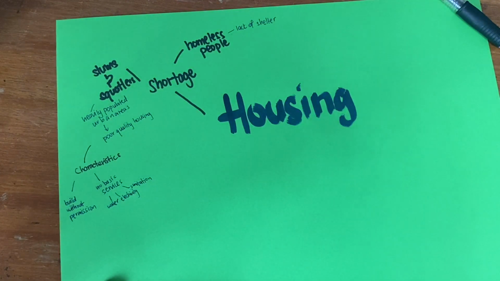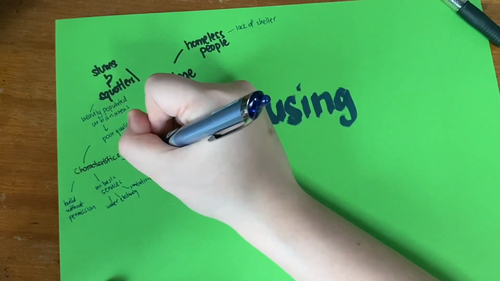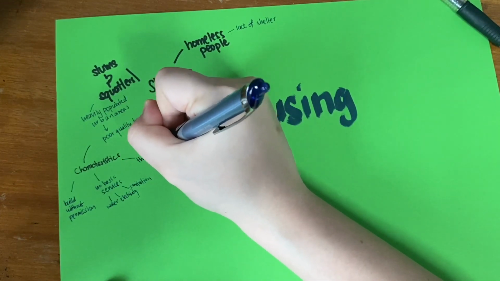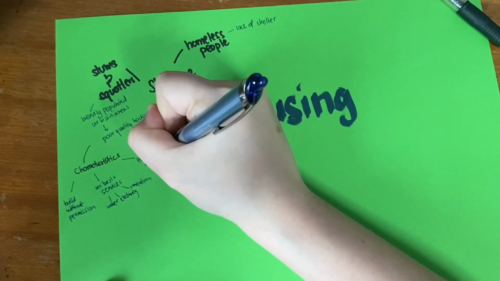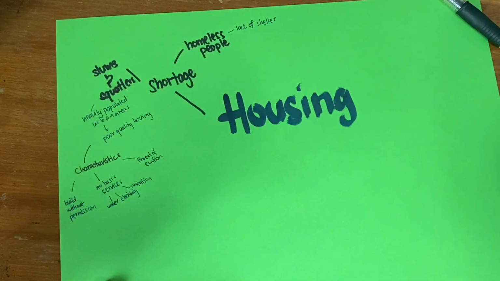Likewise, there is a threat of eviction, meaning the government can just shoo them away because the land does not belong to them.